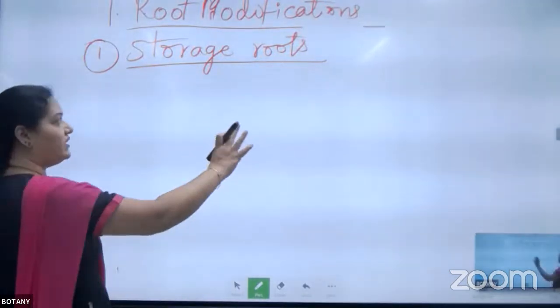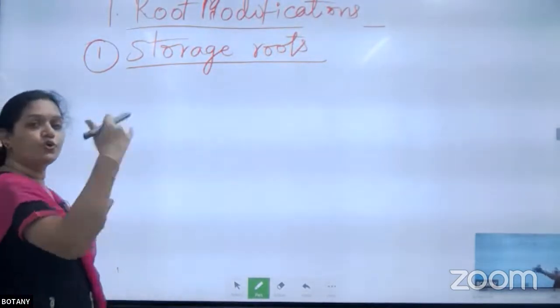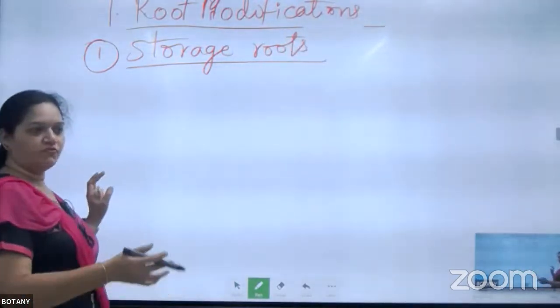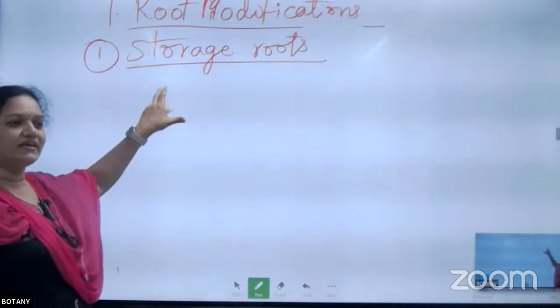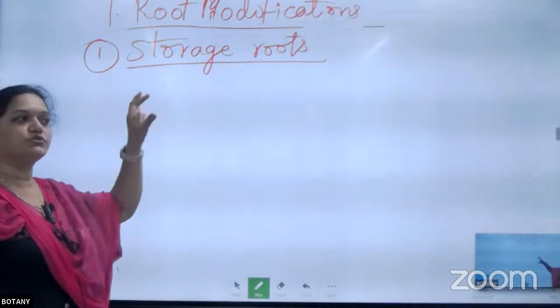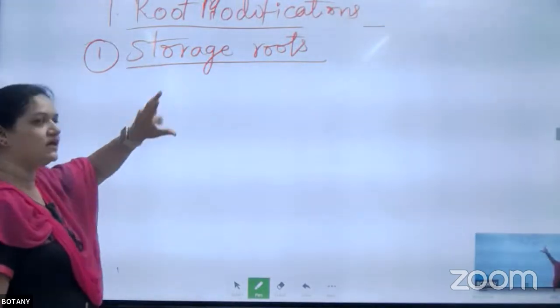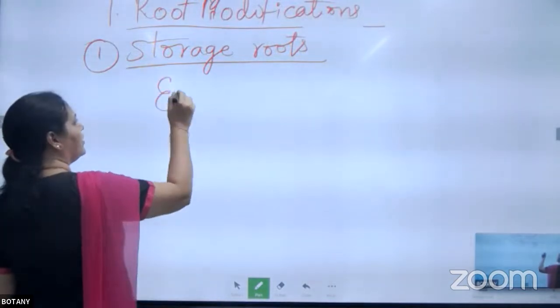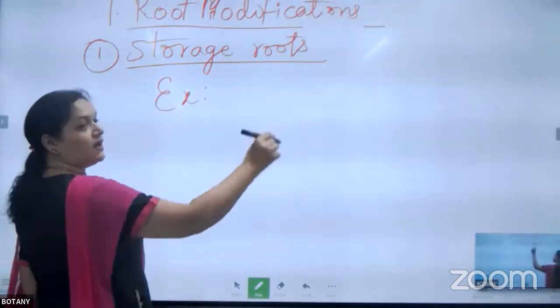What is meant by storage? Storing food in which part? The root part. So we write: storing the excess amount of food material in the roots by changing their structure and function is called storage roots. But here we have to draw the diagram and give the examples.